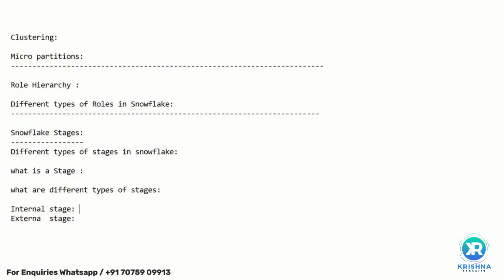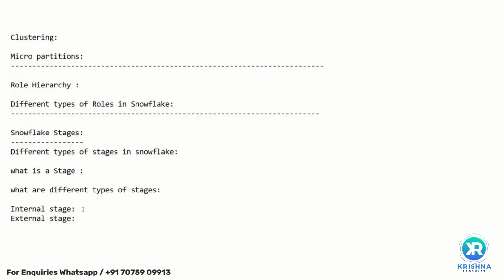The location where we stage or keep the files is inside the Snowflake environment, and those are called internal stages. External stage means we keep the files not within Snowflake, but outside of the Snowflake environment. The files staged in an external stage are outside of the Snowflake environment, and those are called external stages.